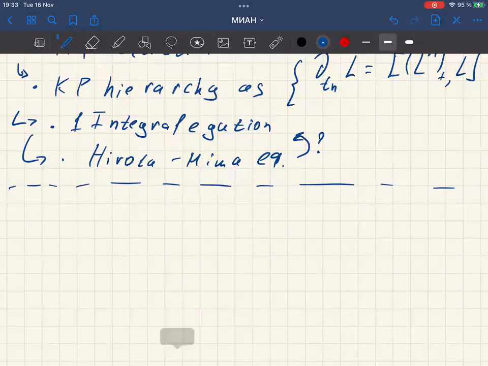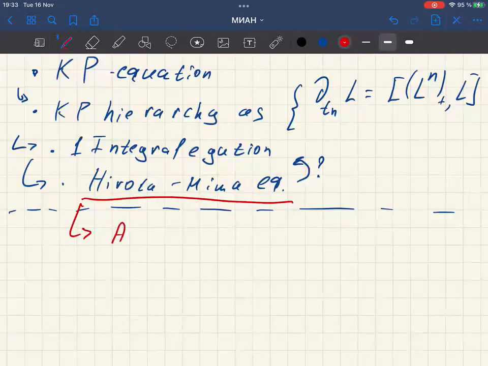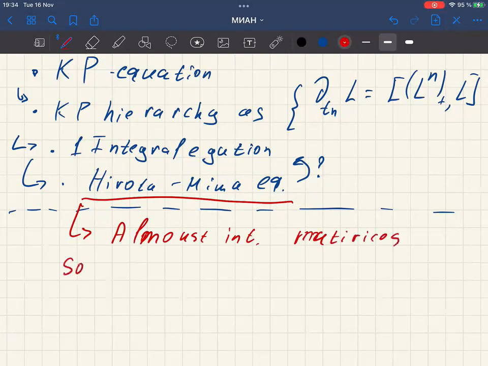And next time I want to use this Hirota-Miwa equation to obtain so-called almost intertwining matrices solution of Kappa.